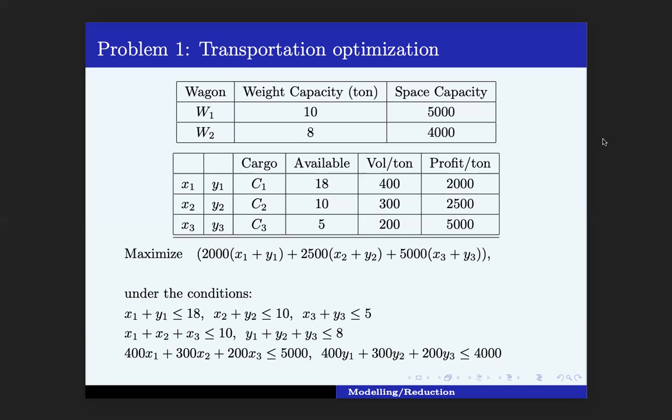Similarly for wagon 2. And all I need is that x1, x2, x3 and y1, y2, y3 are greater than or equal to 0. So this gives us a linear program.